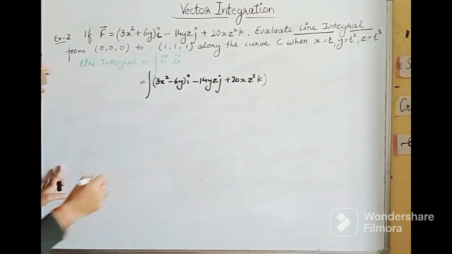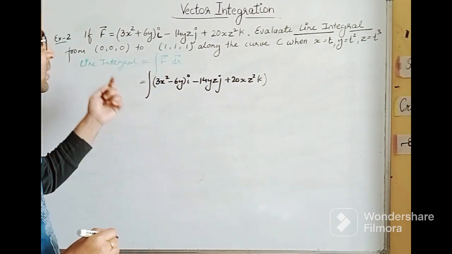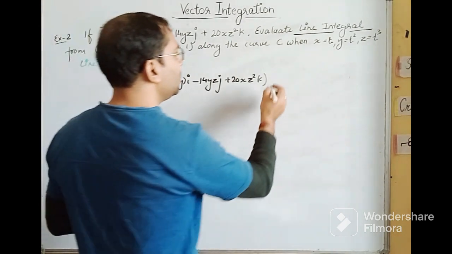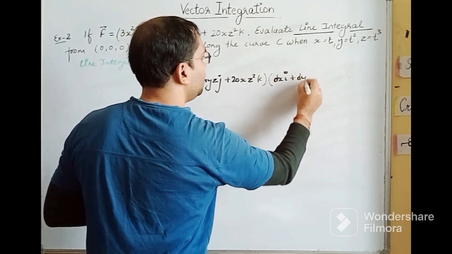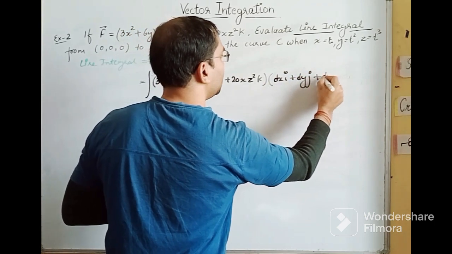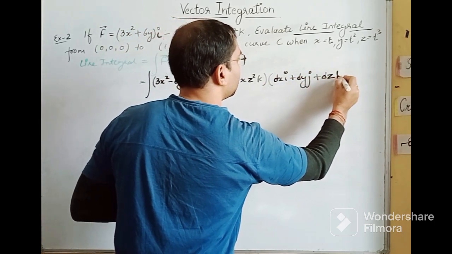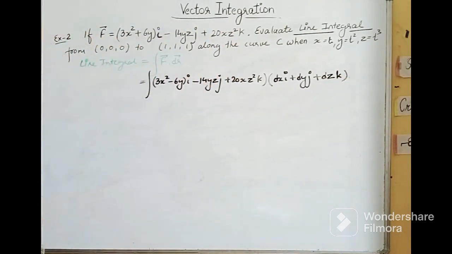Now what will be dr? As we can see, this is a three-dimensional system, so dr will be dx i plus dy j plus dz k.